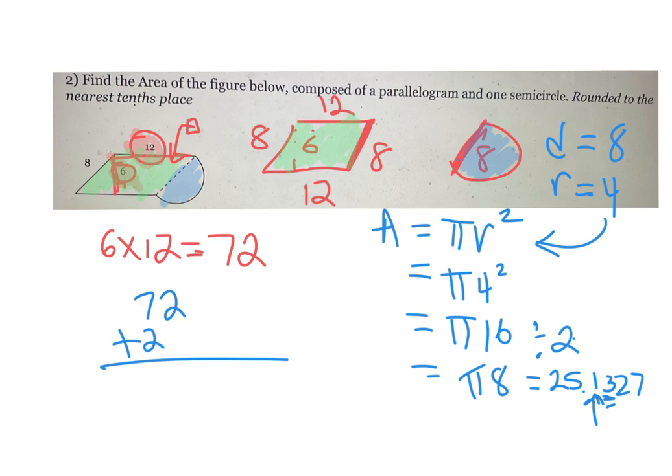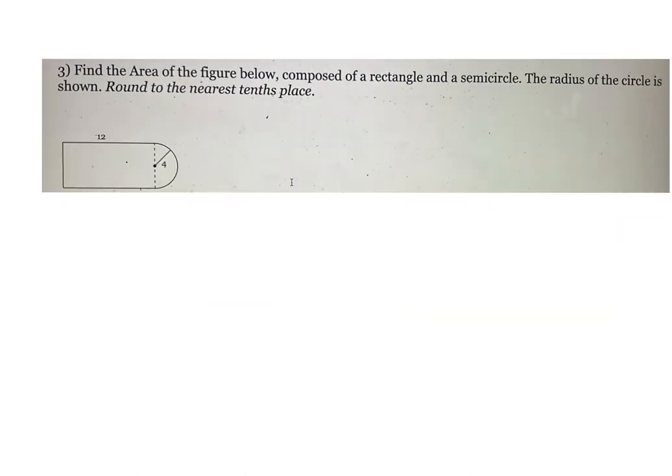So that's going to be 25.1 that we're adding. Let me line up my decimals, put a 0 there. And we're going to have 1 plus 0 is 1, 2 plus 5 is 7, 7 plus 2 is 9. So 97.1 is my total area for this strange shape.